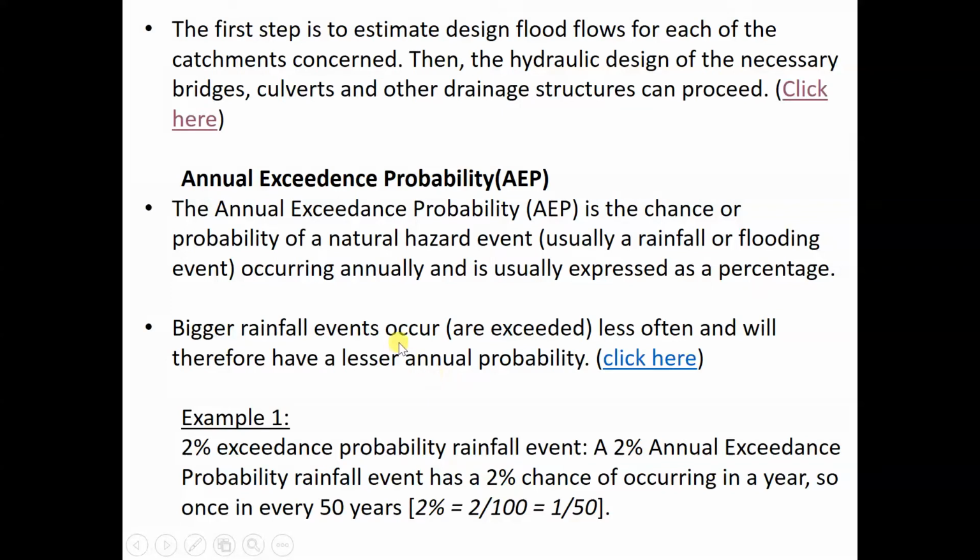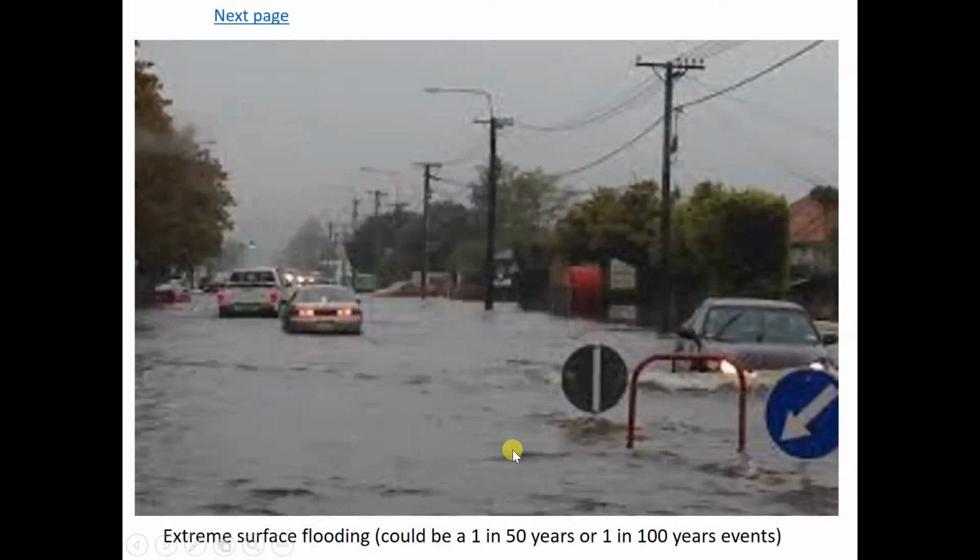Usually the bigger rainfall events, the big floods, will normally occur less regularly, isn't it? Usually the smaller floods will occur more regularly. So the bigger event will have a lesser annual probability.